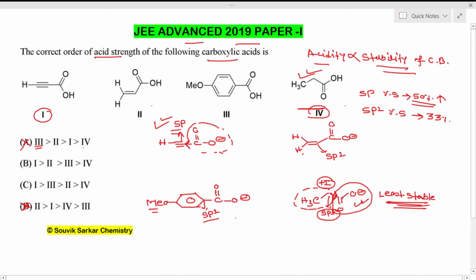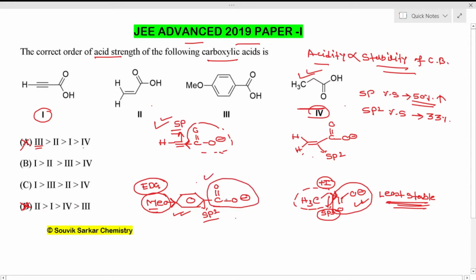Now we have to determine the acid strength of these two acids. Both are sp2 hybridized, here and here, but in the case of this aromatic group, it is attached to a methoxy group, which is an electron donating group. Due to this electron donating nature, it pushes electrons towards the aromatic system and towards this carboxyl group.